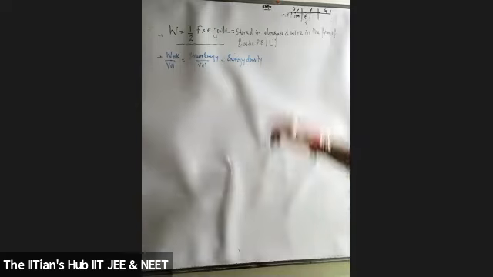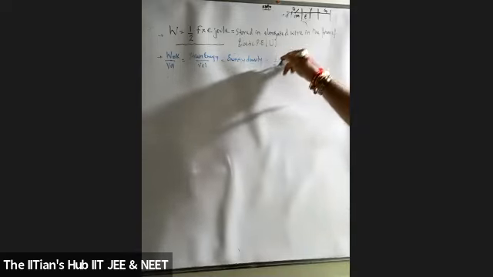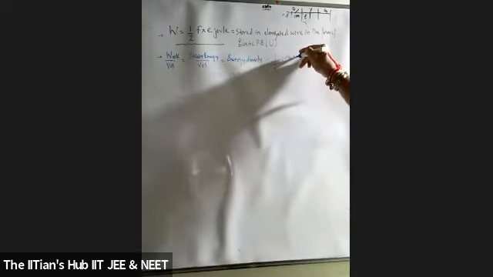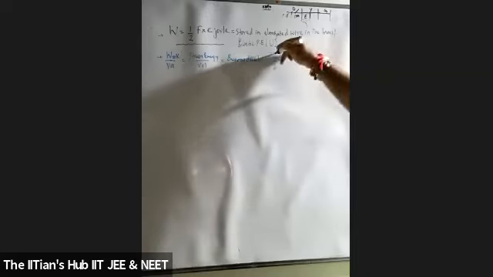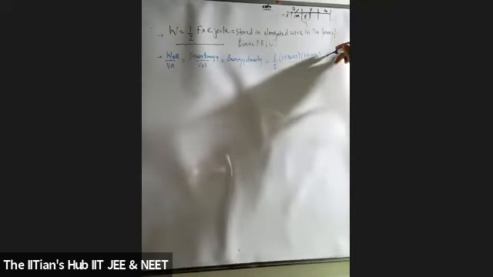And students, over here the formula is half into stress into strain, and the unit is joule per meter cube. We are trying to derive these two formulas, and they are very easy, students. Those students who are good in integration will be able to get it.